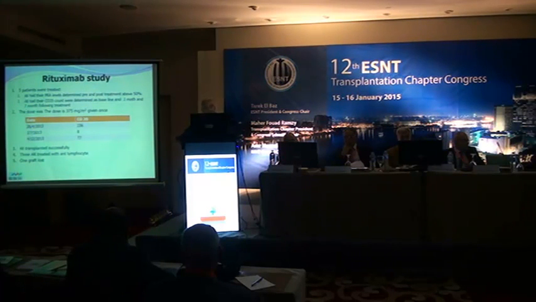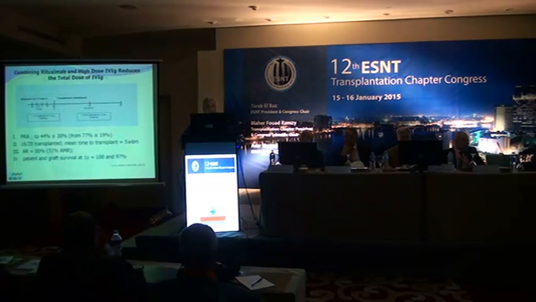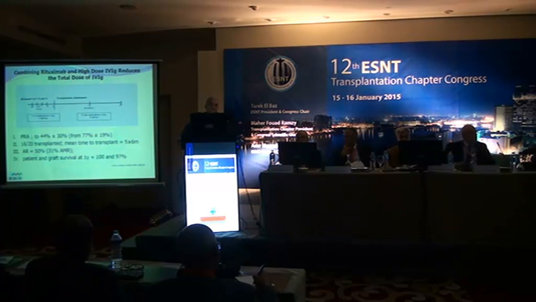By doing that, we may be able to transplant the patient, but we are not talking about the side effects, because the patient is prone to opportunistic infection, and 3 of them developed very severe CMV infection. Now, combining both rituximab and high-dose IgG reduces the total dose of the IgG.